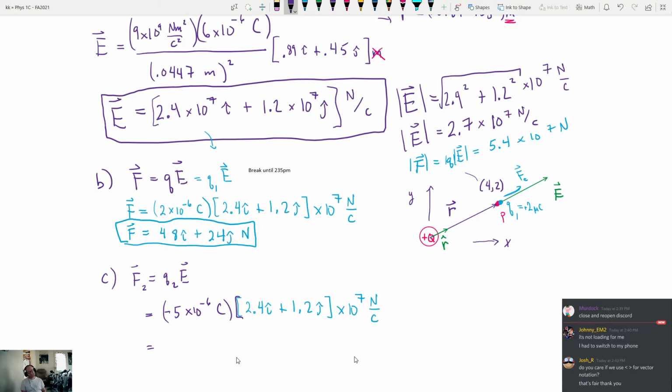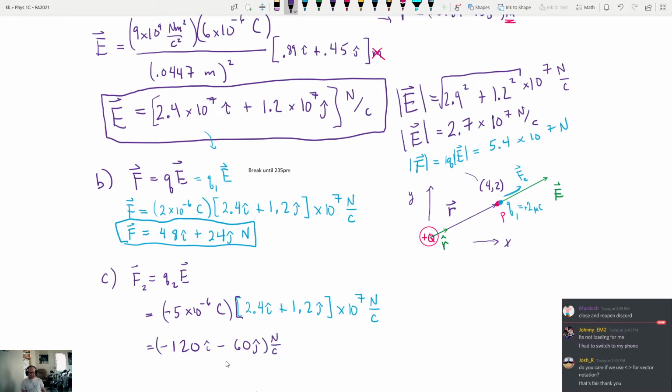I don't know. It's 108? No. This one's going to be negative 120 I hat, minus 5 times 1.2, I think I can do. That's 60. And that's going to be J hat, all in newtons per coulomb.